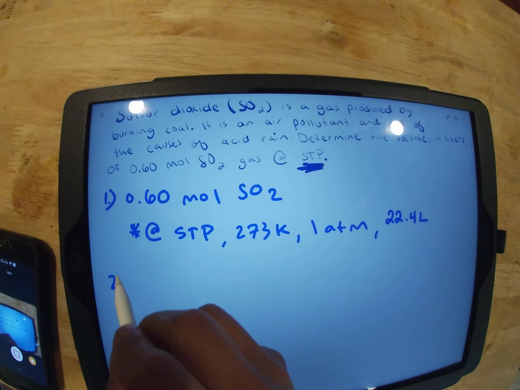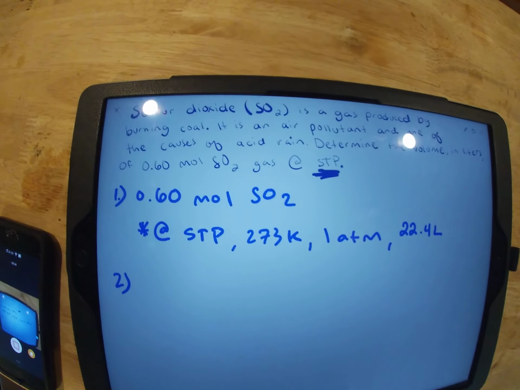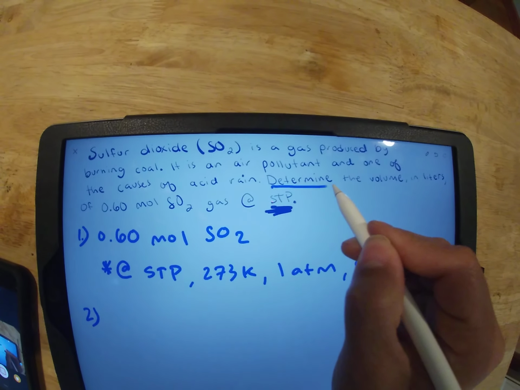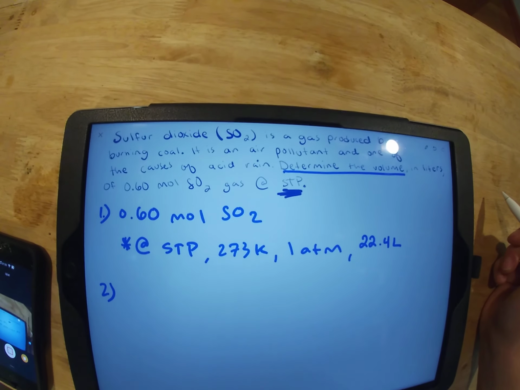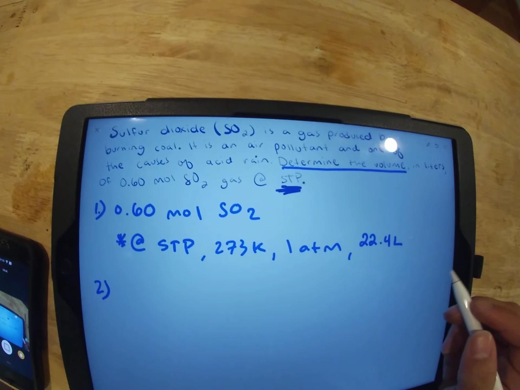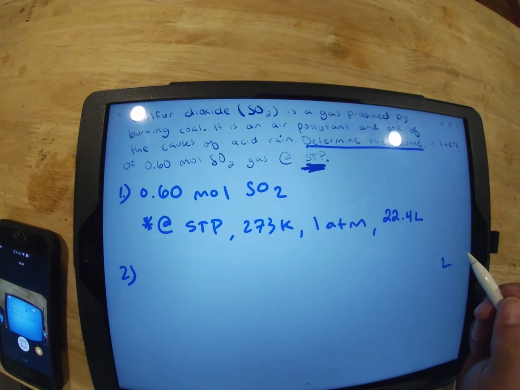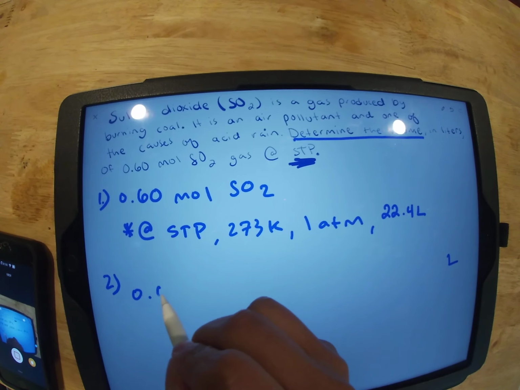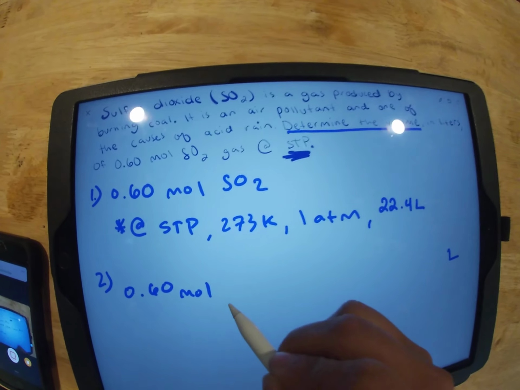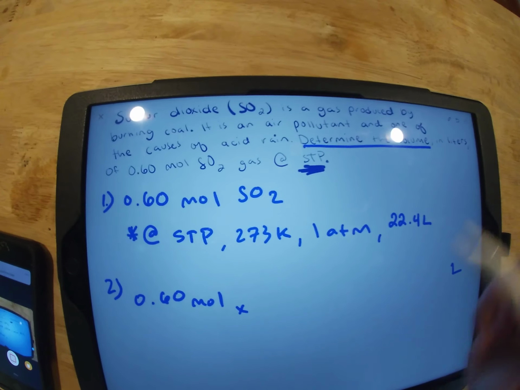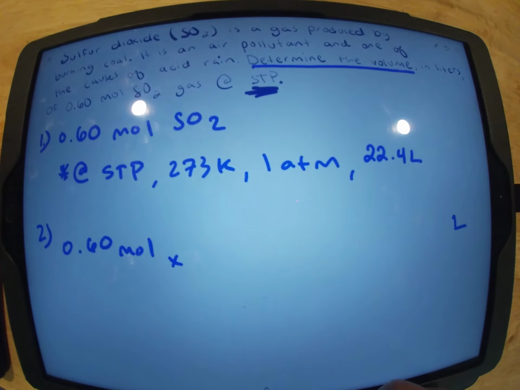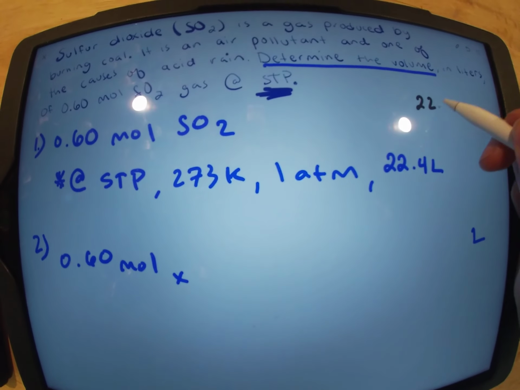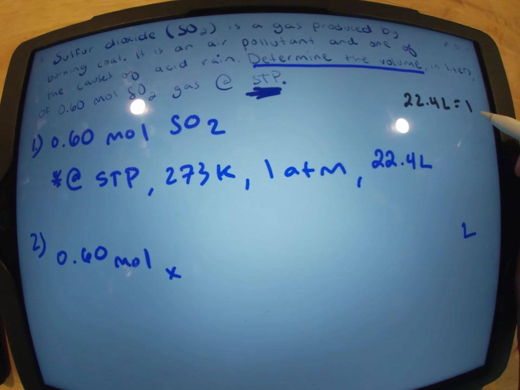Step 2 is to realize what we're solving for. We want to determine the volume in liters, so we know we want liters at the end. Since we're at STP, we're going to use this volume to do the following. 0.6 moles, and remember that 22.4 liters equals 1 mole.